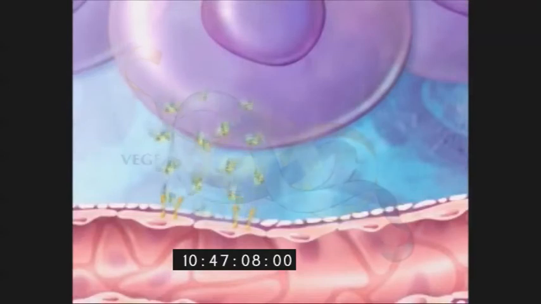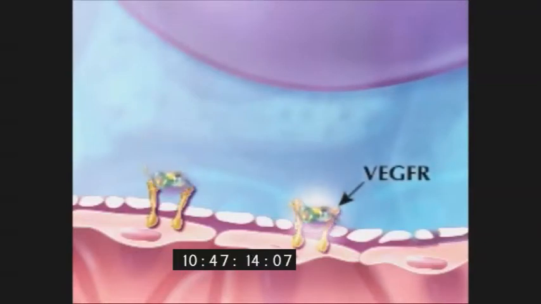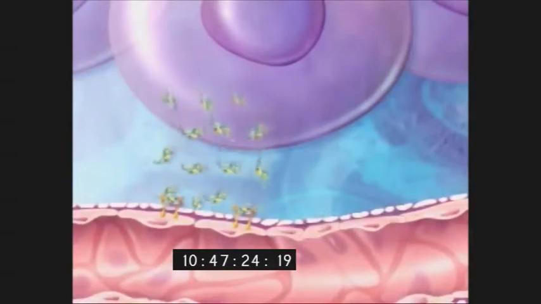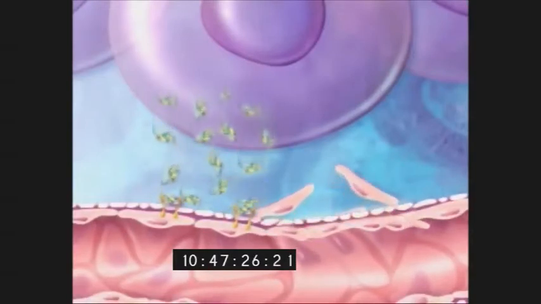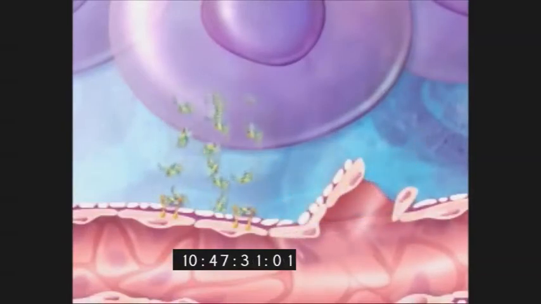In order to stimulate angiogenesis, VEGF must bind to specific receptors, called VEGFR, located on blood vessel endothelial cells. Upon binding to the receptors, VEGF stimulates endothelial cells to proliferate, migrate, degrade the basement membrane, and form new blood vessels.